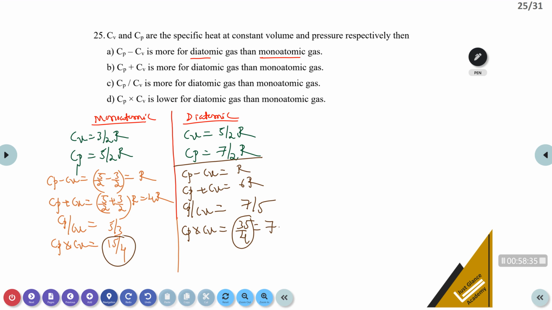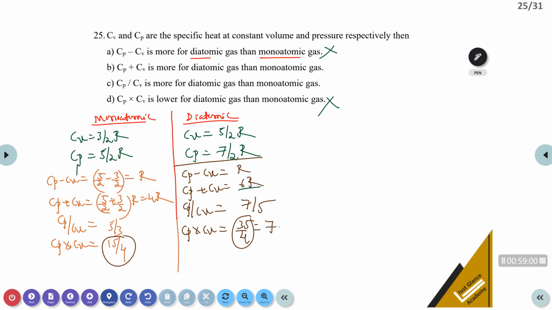So Cp into Cv is lower for diatomic gas? No, it is wrong. Then Cp minus Cv is more for diatomic gas? No, this is R and this is also R, so this is also wrong. Then Cp plus Cv is more for diatomic gas?